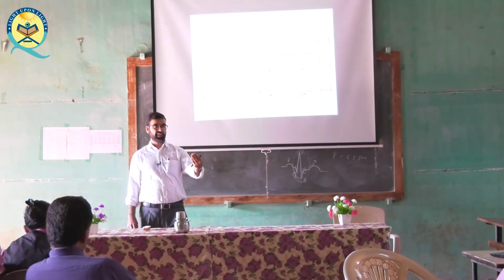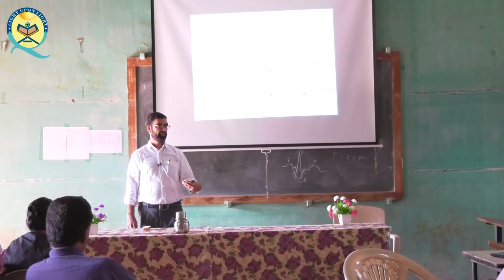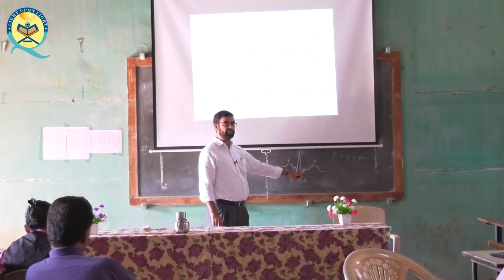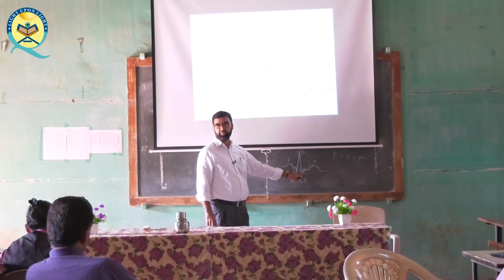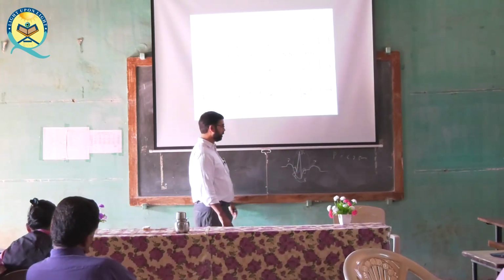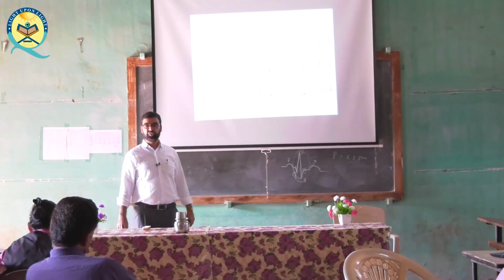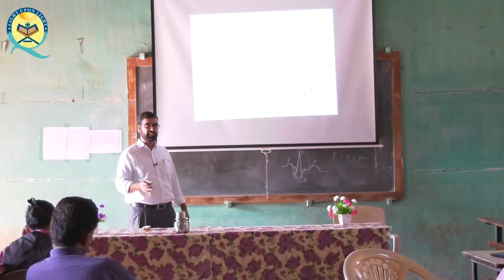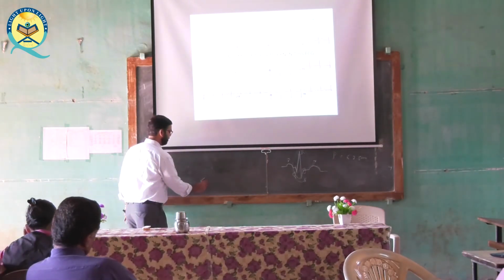If it is depressed even by 1 millimeter, it is taken as abnormal, J point. Okay. Next wave is T wave. The normal duration of the T wave is less than 0.27 second.